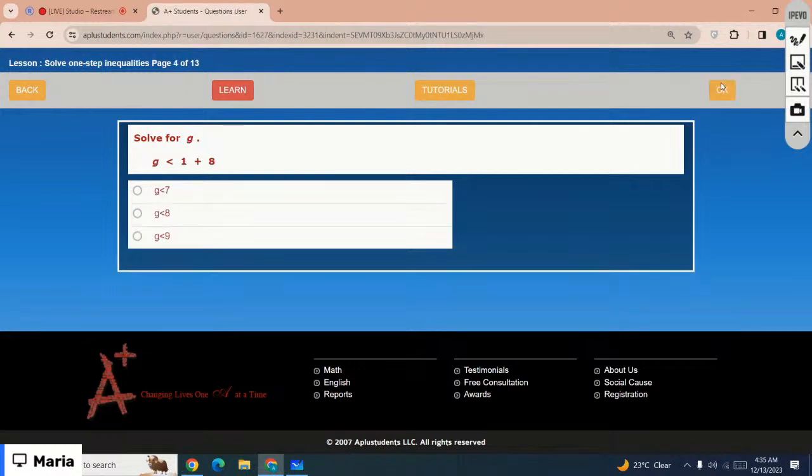Very good. Okay, solve for g, which is the correct option? Yes, that is g is less than 9. Option number 3 is the correct option.